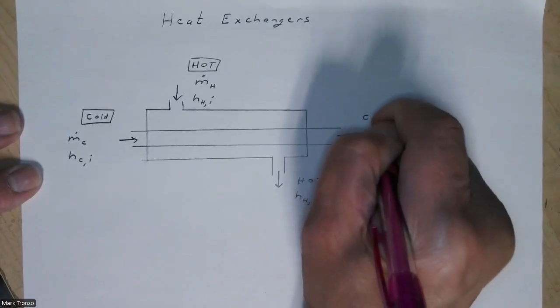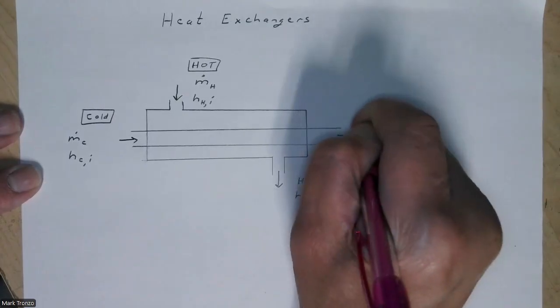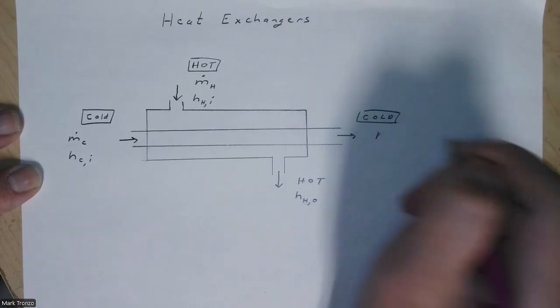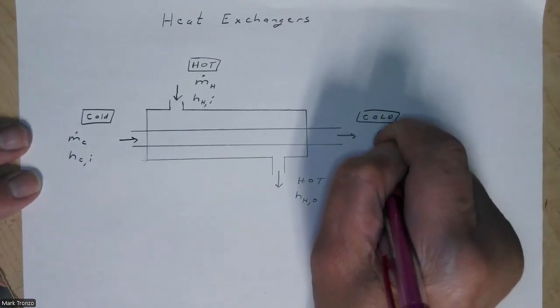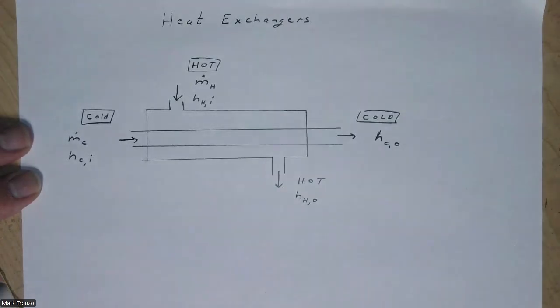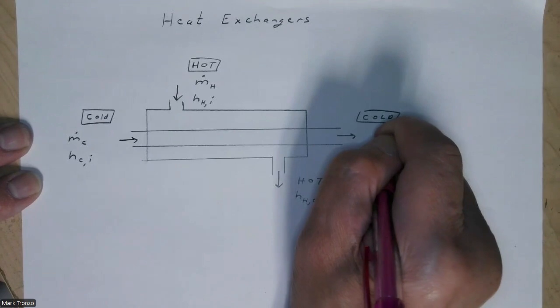And for the cold fluid at the outlet, we're also going to need the enthalpy there. Again, the mass flow rate is going to be the same. HC out.